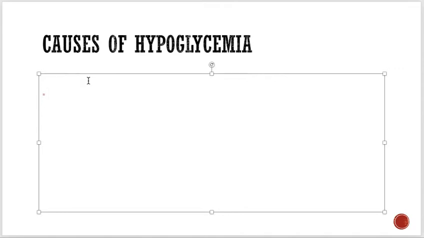Most of the time you will find a history that someone who took insulin forgot to take lunch or dinner, or went for exercise, or had an infection, stuff like this. So one of the very important causes is an imbalance between insulin and calorie intake. This is the most common one.